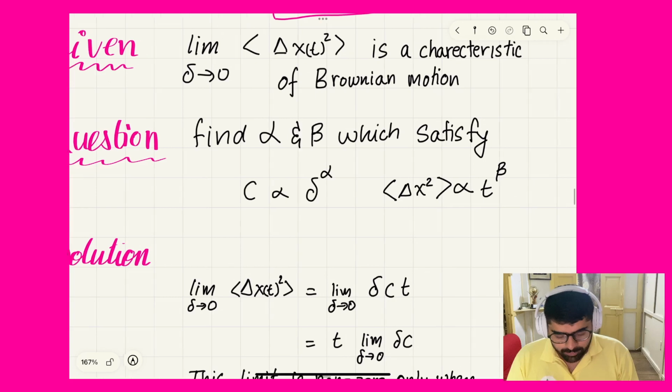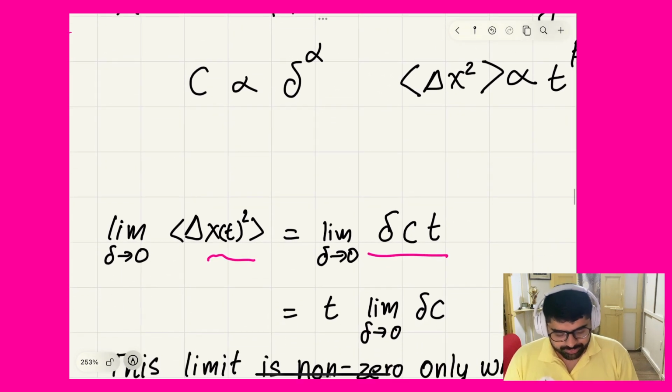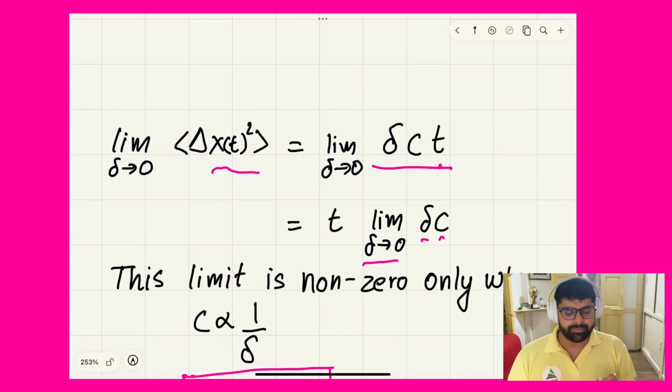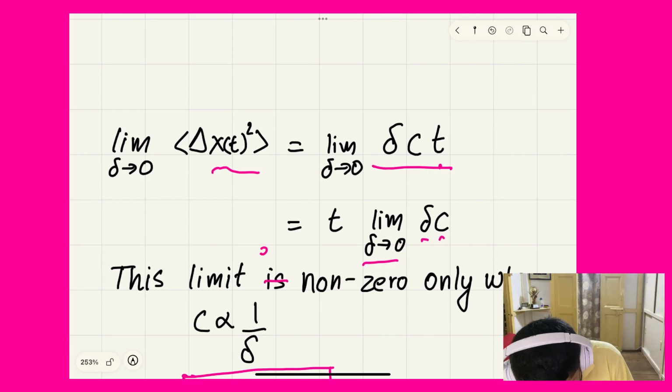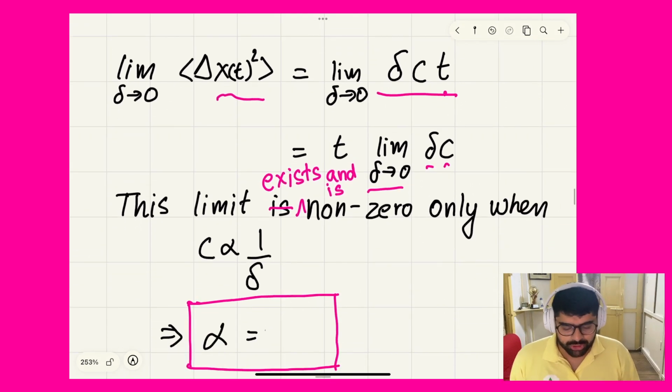We can solve this question easily if we substitute the value we got earlier. t does not depend on delta, so t will come out and we'll get the limit as delta goes to 0 of delta c, which is non-zero only when c is inversely proportional to delta.